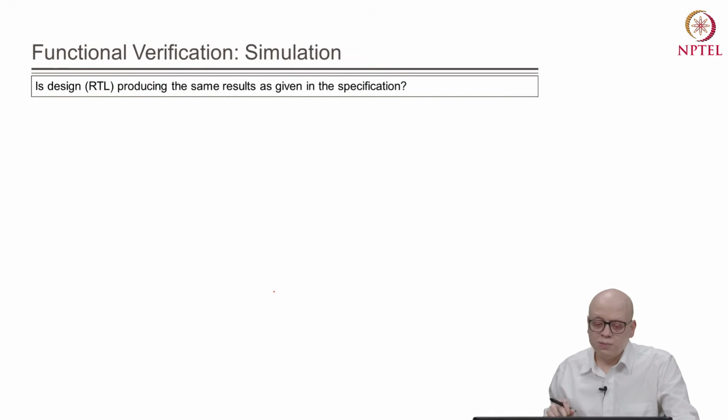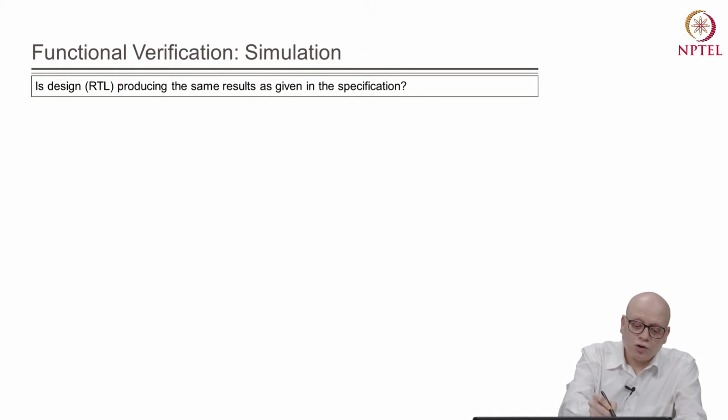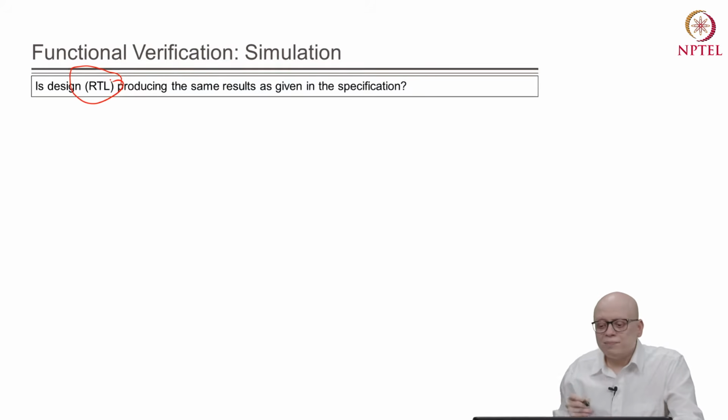So, at the top level, when we are given a functionality, we write an RTL model, or we get an RTL model through, say, behavior synthesis, or through IP that we get from the vendor, right. So, now the RTL that we have got or that we have designed must match or deliver the functionality as it is given in the specification, right.